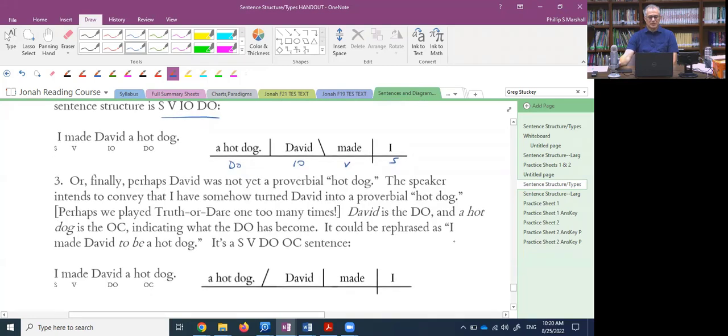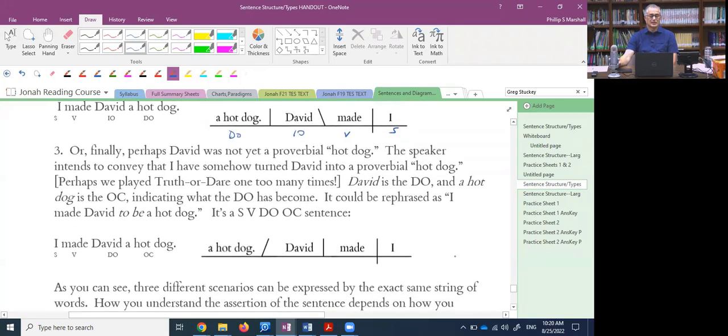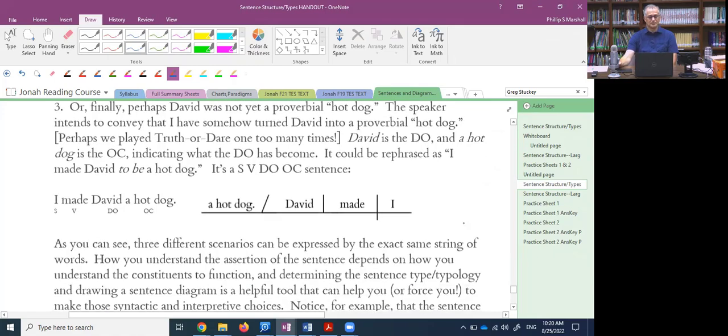So on this construal, David's the direct object and a hot dog is what he is made to be, i.e., the object complement. I made David to be a hot dog is the way you could paraphrase it. So subject, verb, direct object, and object complement. All three of these sentence meanings share the same words in the exact same order.